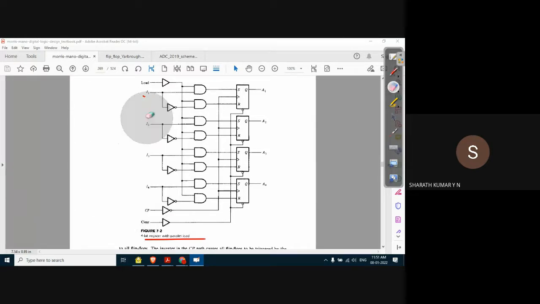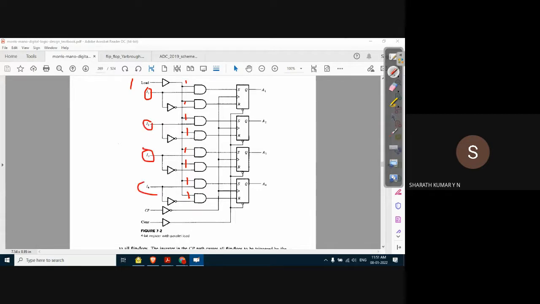Assume that the parallel load input is 1. If the load input is 1, the input for these gates is 1, wherever the load is connected. Now the output of these gates depends on the data input. I1, I2, I3 form the data input.